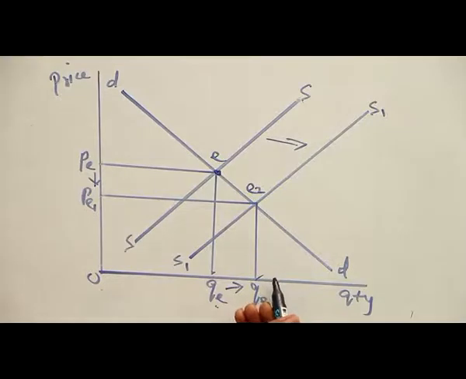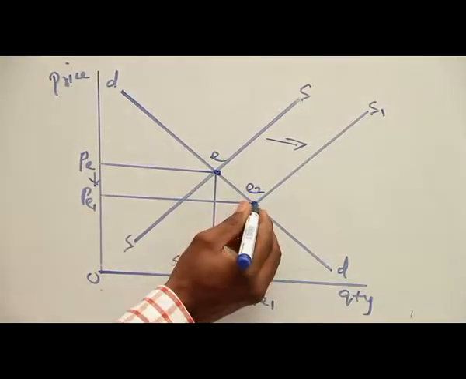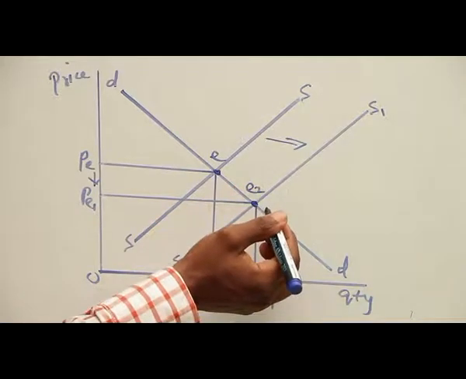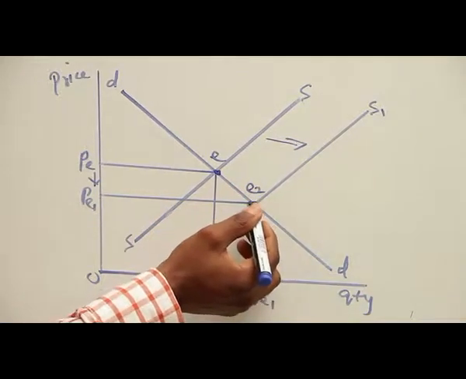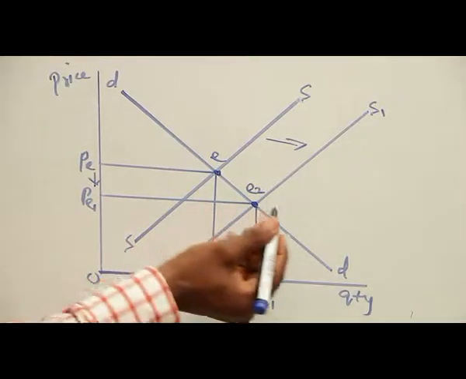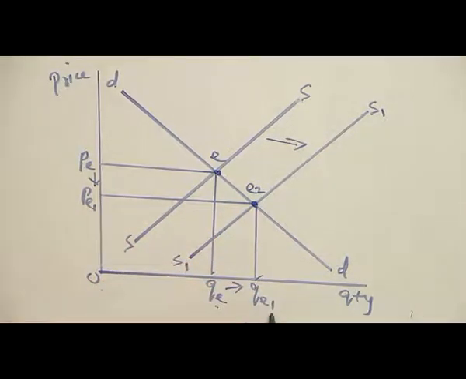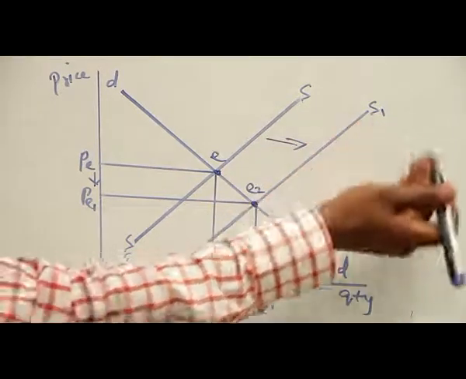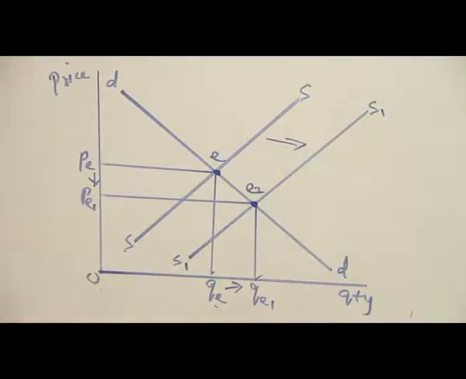So here, we are going to establish a new equilibrium position that we call E2. At E2, we have equilibrium price to be PE1, while equilibrium quantity is QE1. Why do you have this? Demand curve is constant, but there is a shift in supply curve to the right. So a new equilibrium position will be established with a new equilibrium price and quantity.